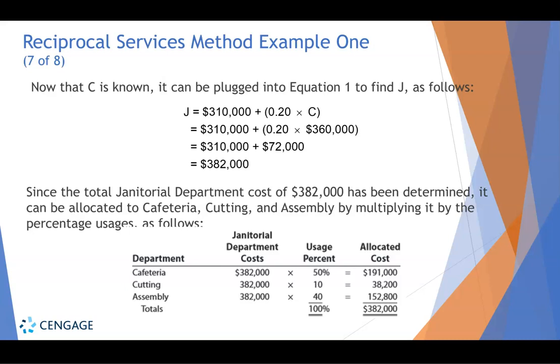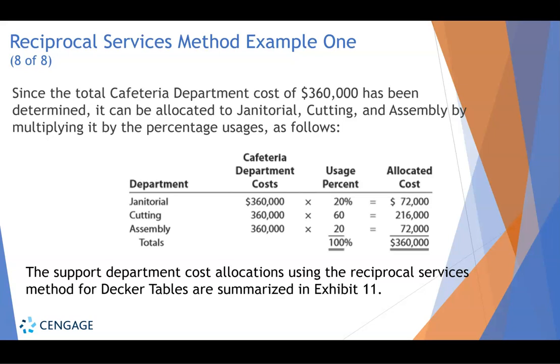Cutting takes 10%, assembly takes 40%. Since the total cafeteria department cost is 360,000, which has now been determined, we can allocate to the janitorial, cutting and assembly by multiplying it by the users.